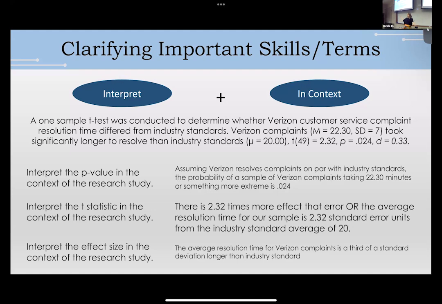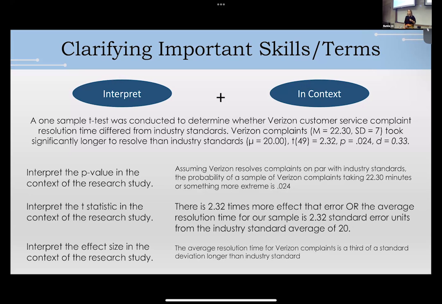What does it mean to interpret? Well, what is an interpreter? Someone who translates from one language to another, right? That is what it means to interpret. A lot of times when people see "interpret the p-value in the context of the research study," they say it is significant, right? That's correct, but that's a conclusion.